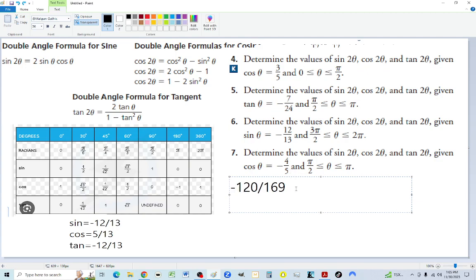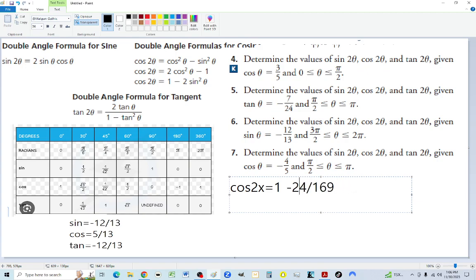And then, so we're on number 6. I'll go back to 5. If we're going to do cos of 2x, we're going to use the easiest one, 1 minus 2 times sine squared. Well, sine we've determined is minus 12 over 13. Squared, it's 144 over 169. Times 2, it's 288.